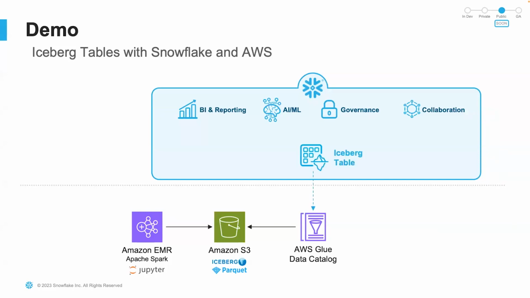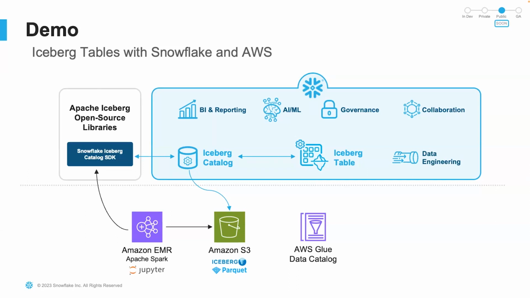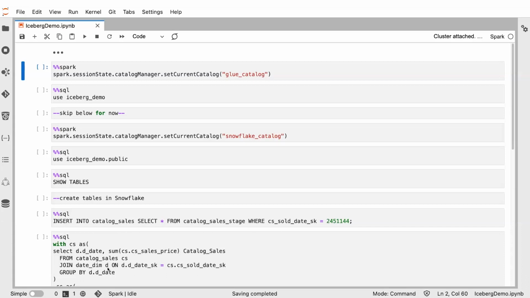We'll create an Iceberg table inside of Snowflake that is using the AWS Glue configuration information to read data from S3. We'll convert that table to a Snowflake managed Iceberg table using Snowflake as the catalog. And then we'll see how the Jupyter Notebook can connect to that SDK and consume the data that's been modified by Snowflake.